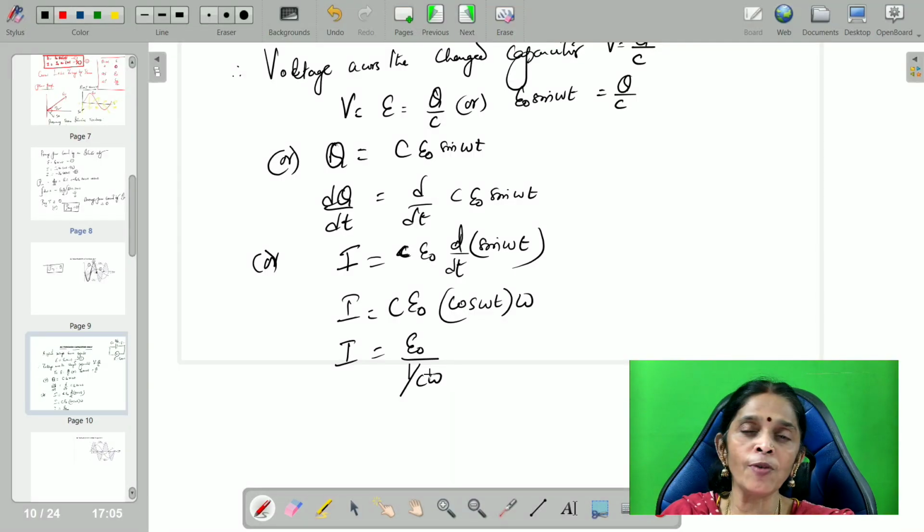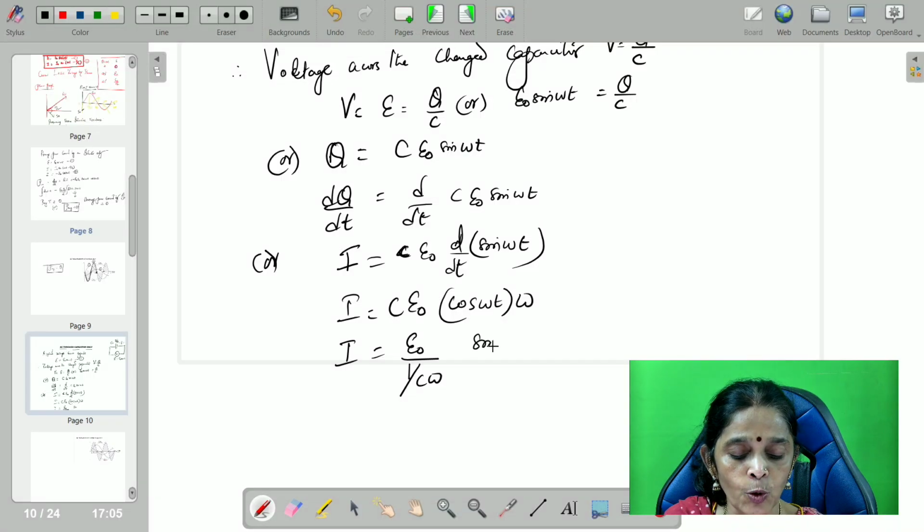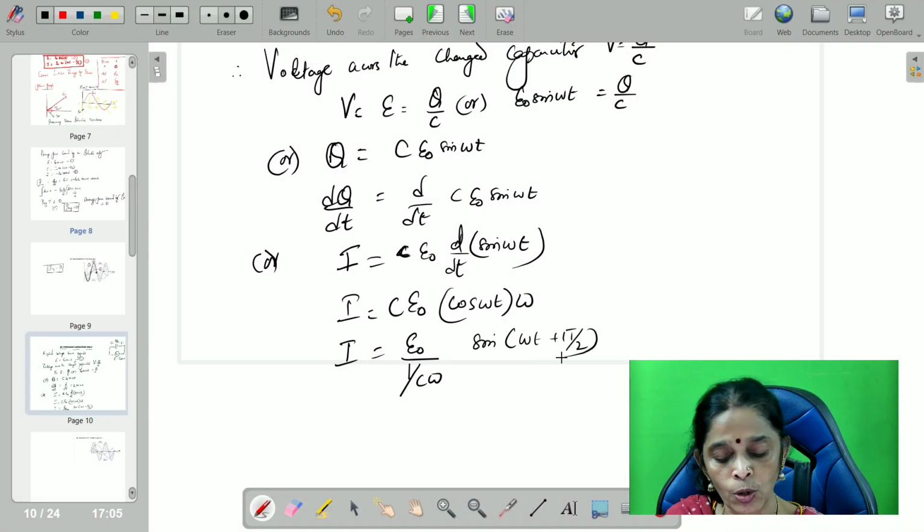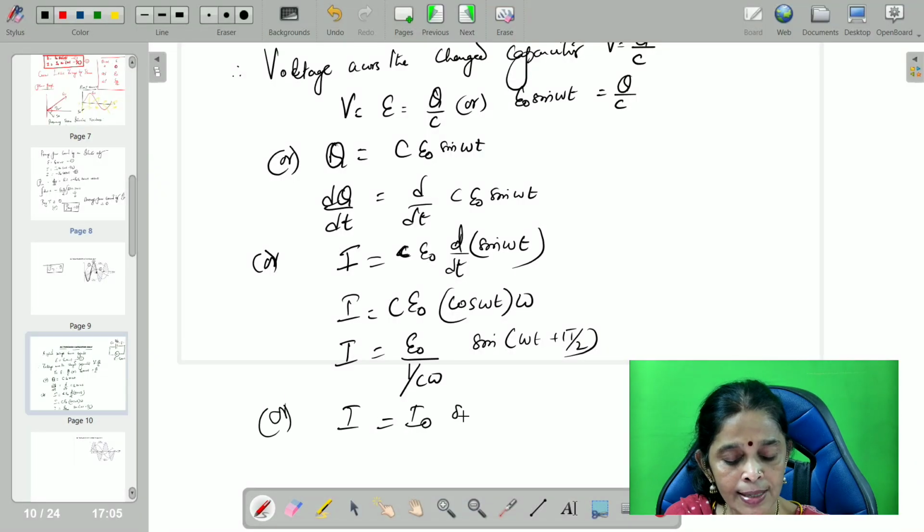Earlier we brought it in the form of resistance, E naught by L omega. Previously, according to Ohm's law, I naught is equal to E naught by R. Similarly I have to bring it in terms of resistance, I is equal to E by R. So 1 by C omega. Cos omega t is of course sine of 90 plus theta, so sine of omega t plus pi by 2. So this is in the form of I is equal to I naught sine omega t plus pi by 2.